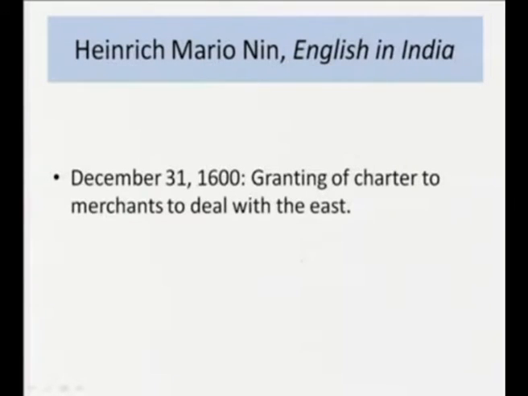Heinrich Mario Nin, in his book English in India, points to the date 1600. In fact, the last day of 1600, and says that the granting by the crown of England of the charter to the merchants to deal with the East, and eventually the East India Company, should be the correct date to talk about the beginnings of English in India, of the English language in India.